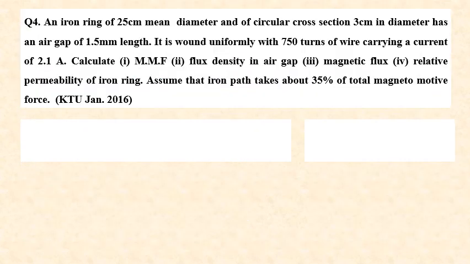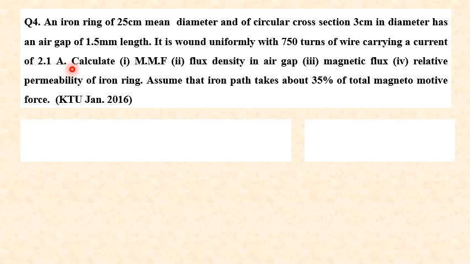Please go through the fourth question. In this question it is said that there is an iron ring with an air gap of 1.5 mm, and the mean diameter of the ring as well as the diameter of the circular cross section is given, and this ring is wound with a coil having 750 turns and carrying a current of 2.1 ampere.